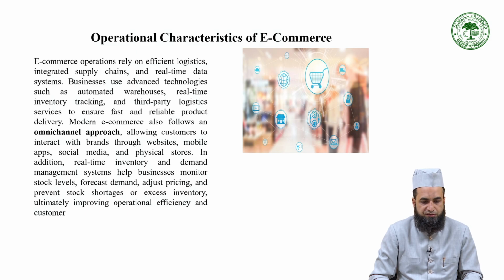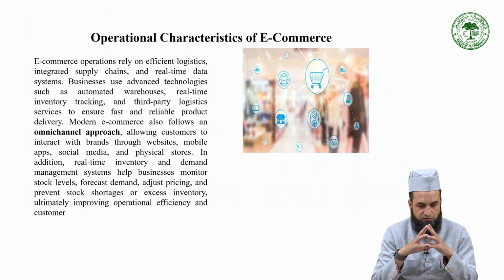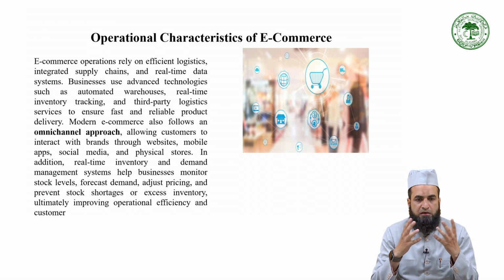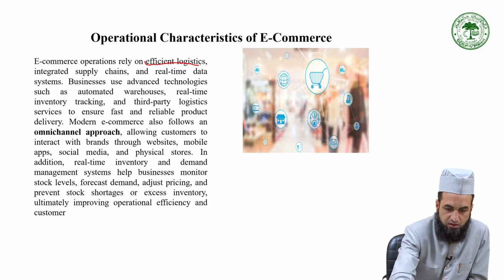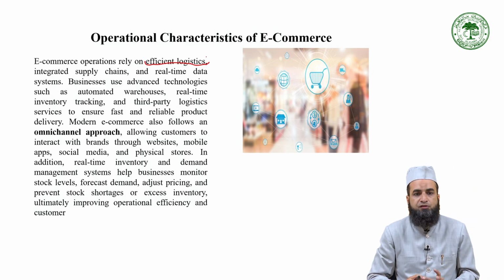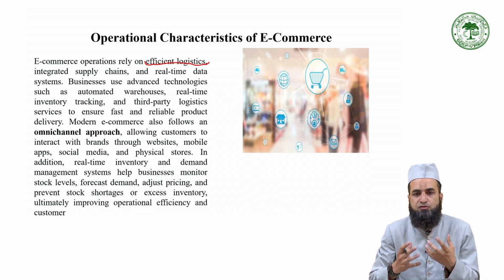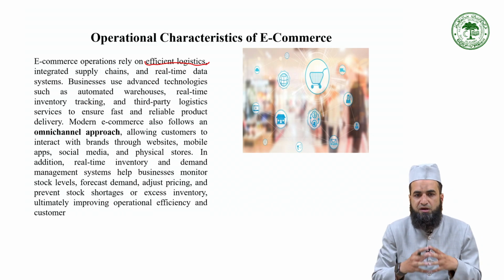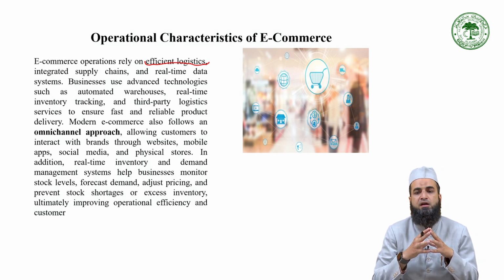Okay, now let's talk about operational characteristics of e-commerce. Number one, we can say logistics and supply chain integration and efficient logistics. E-commerce operations are intimately intertwined with logistics and supply chain management. The rapid growth of e-commerce has driven innovations in last-mile delivery, warehouse automation, and real-time inventory tracking.